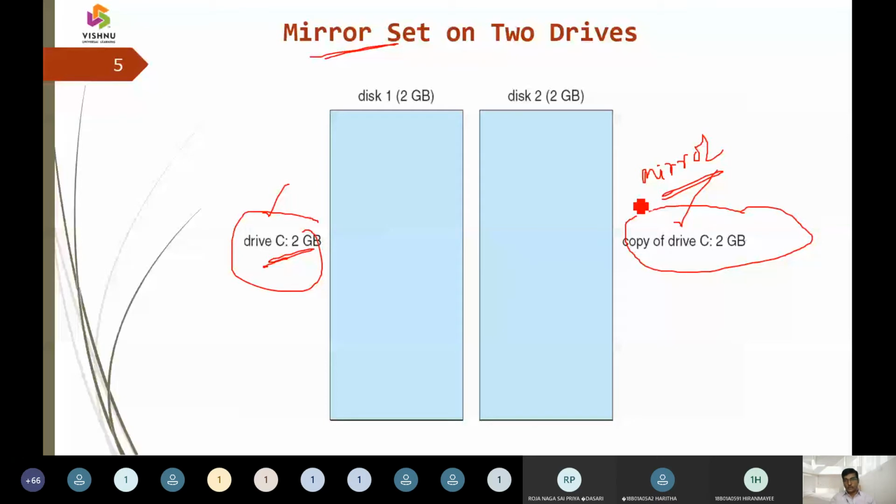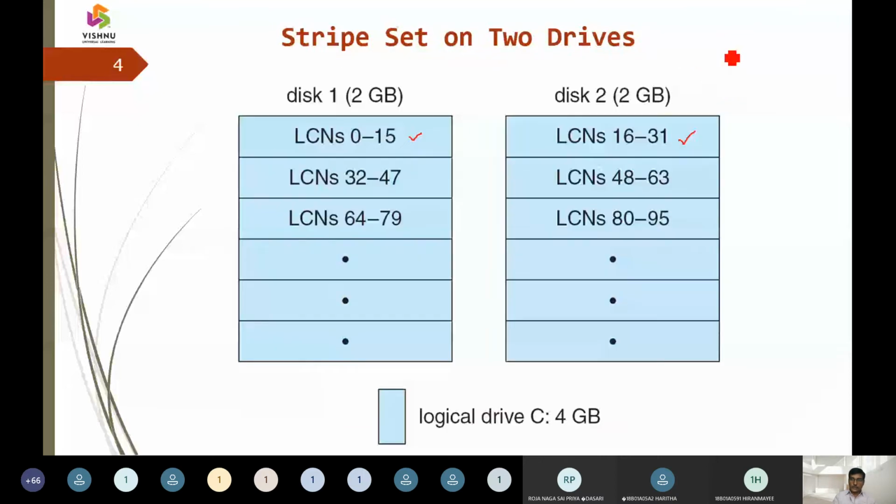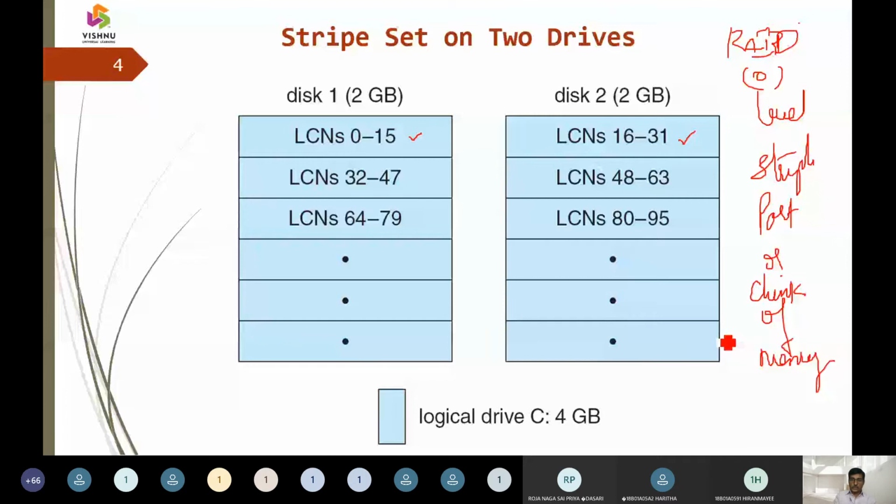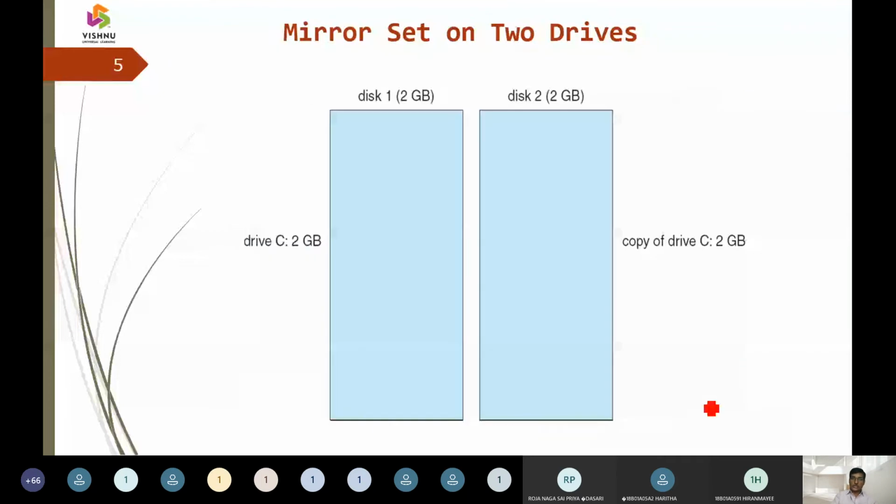That is what we call RAID level 1, mirroring, and this one is RAID level 0, with strips. Strips are nothing but some part or chunk of memory. A chunk of memory is protected. Backup is given not to the entire content but to some partial portion. That is all regarding disk striping and mirroring.